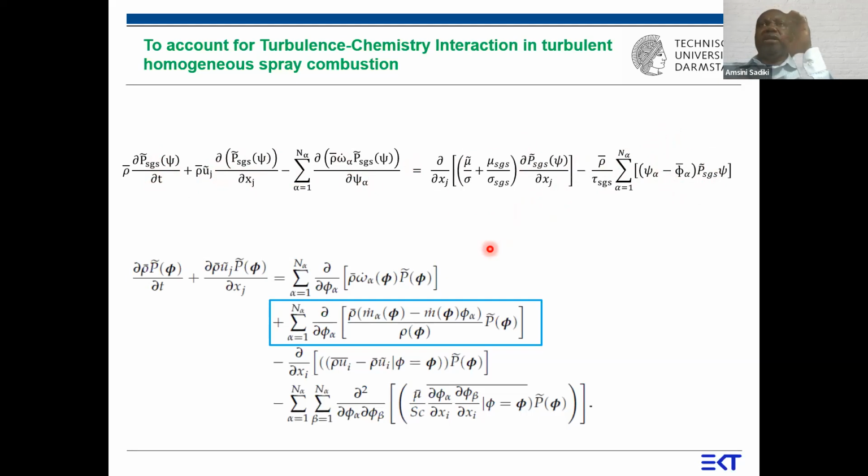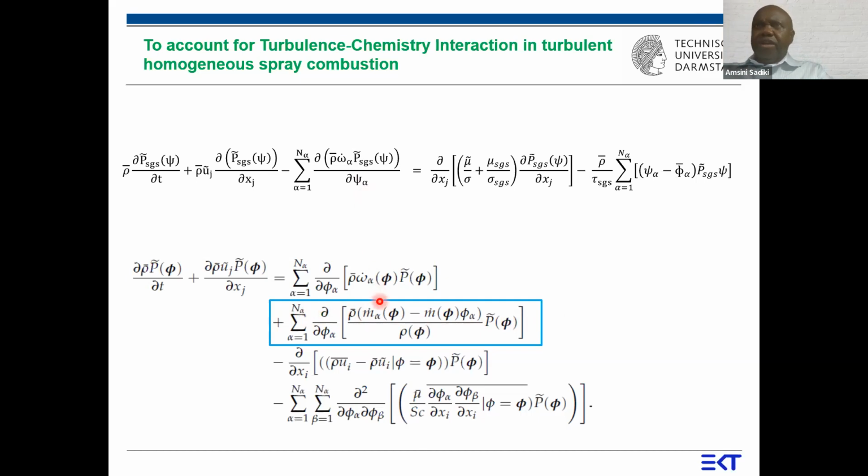And if we account for two-phase flow, then we have to take into account the effect of the presence of particles, and especially the effect of the evaporation rate on the characteristics of this PDF, and this is this term here.